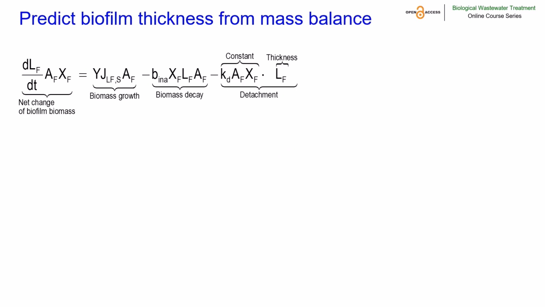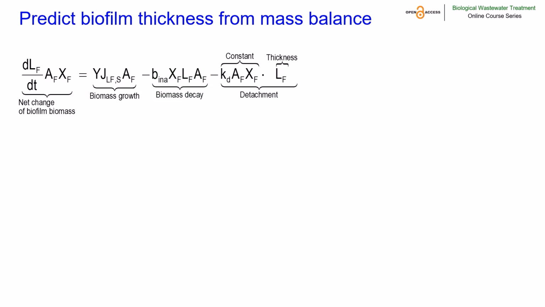Here we prepare a mass balance. Each term in this mass balance has dimensions of mass per time. The term on the left-hand side of this equation describes accumulation. The first two terms on the right-hand side represent biomass growth and decay per unit time, respectively.